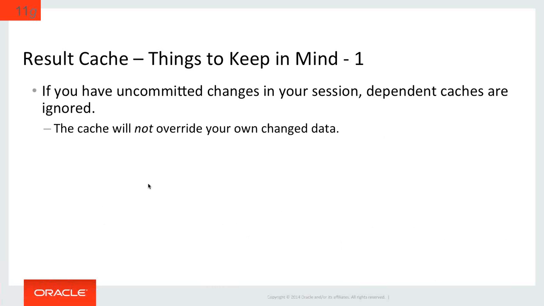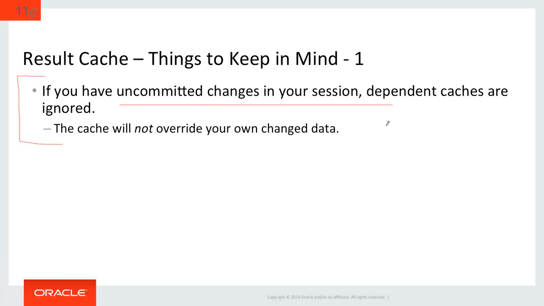Now, first of all, you should basically just expect, but you should verify, trust but verify, that Oracle does the right thing. So, for example, what I've talked about so far is that if a user changes one of the tables on which a cache is dependent and then commits the changes, the cache is invalidated for everyone, and then it starts being rebuilt. What if you've made uncommitted changes in your session but not committed them yet?